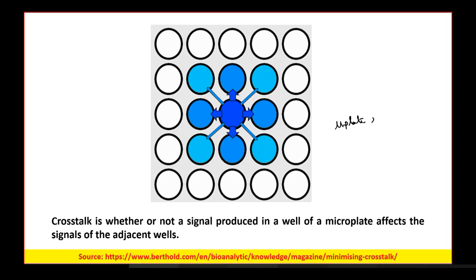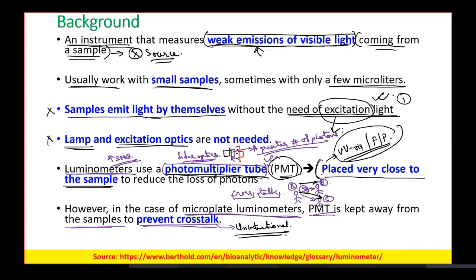As I told you in the previous case, here we have an opportunity to analyze samples which have a very small volume, in the range of microliters.